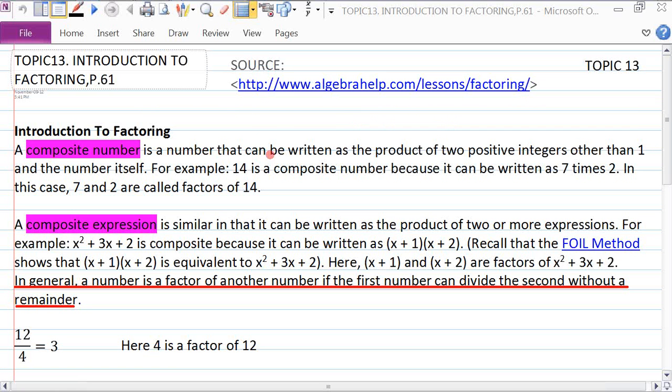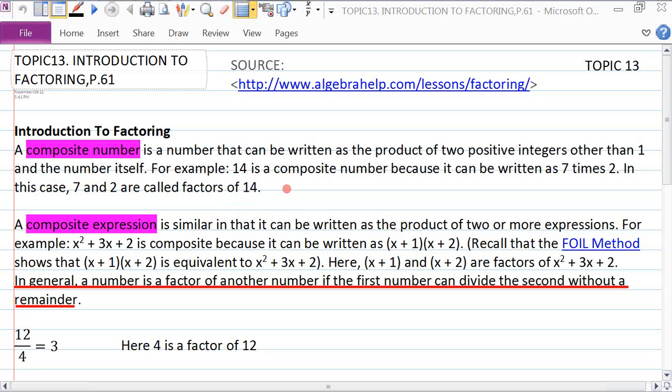A composite number is a number that can be written as the product of two positive integers, other than 1 and the number itself. For example, 14 is a composite number because it can be written as 7 times 2, and 7 and 2 are called factors of 14.